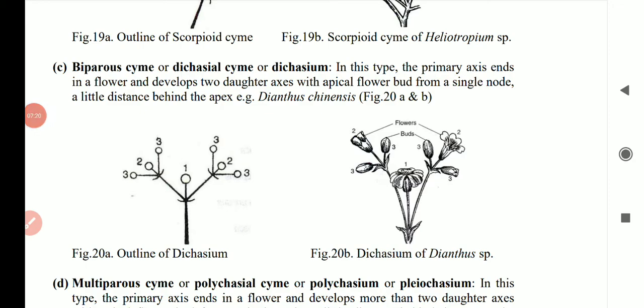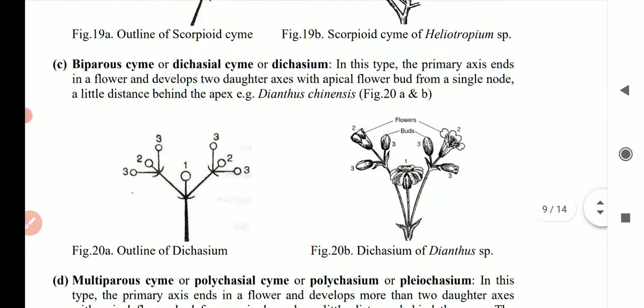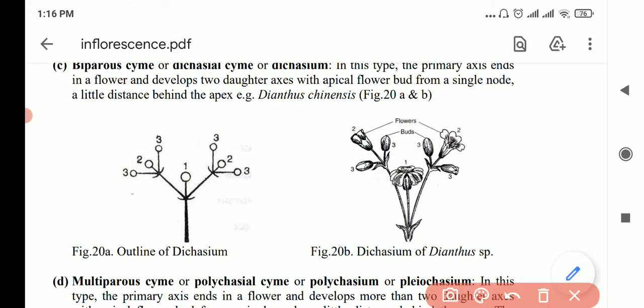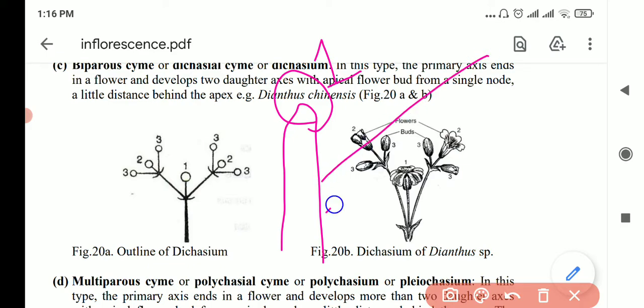Now the next one is the biparous cyme, or dicasial cyme, or dicasium. I think you've already understood that bi and di mean something to do with two. So you have a main axis which ends in a definite flower. This is your flower 1. Then from here it will branch into 2 other main axes.